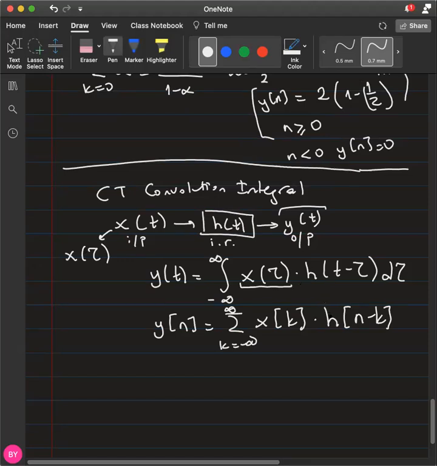And what did we do for h of n minus k? We converted h of t into h of tau, and then we took h of minus tau to find the time reflection, like going from the right side to the left side, and then shifted t seconds to the right if t is positive, like 1 second, or to the left if t is minus 1, okay?